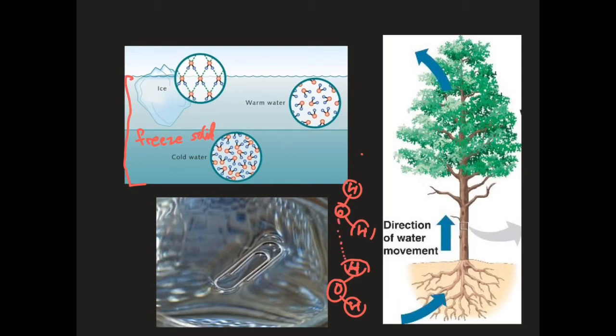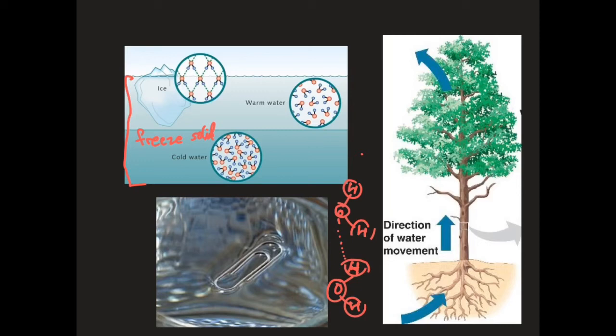Now, this is extremely important because when you have millions and millions of water molecules, for example, right here, we're going to have a ton of these water molecules, and they're all going to be hydrogen bonded to each other. And this property allows water to, I guess you could say, stick together in a way. And so this leads to the property of surface tension.